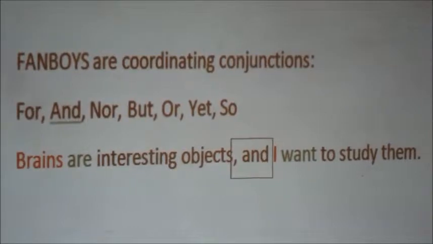What's a fanboy? A fanboy is one of the 7 coordinating conjunctions: for, and, nor, but, or, yet, and so.